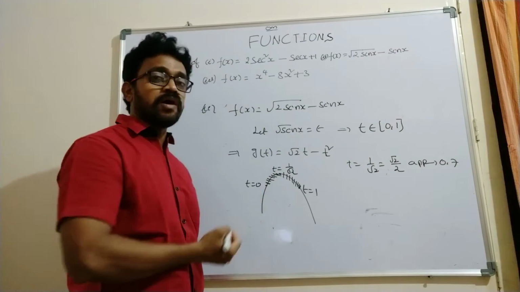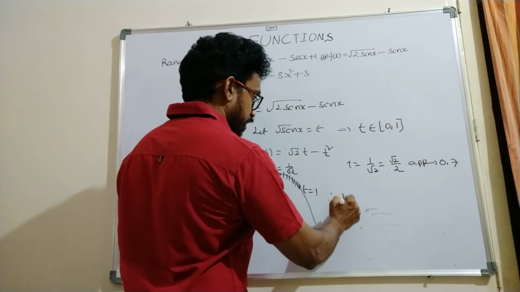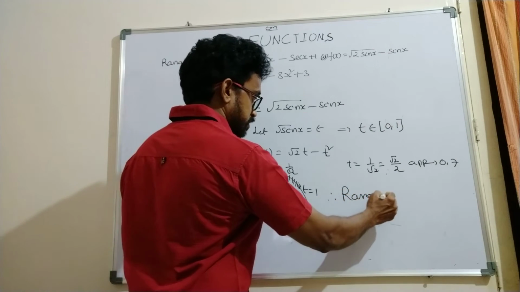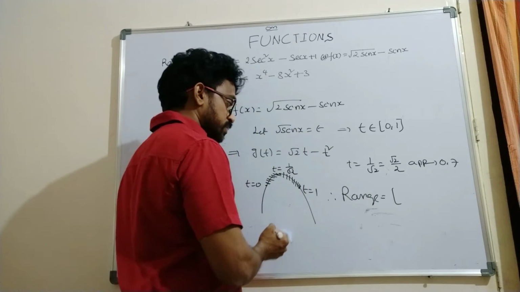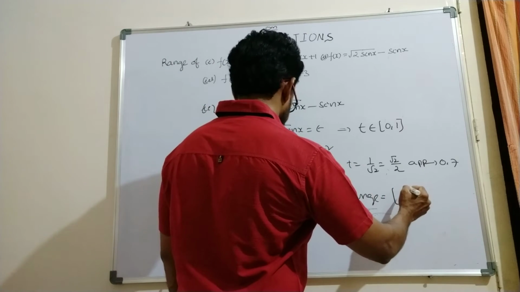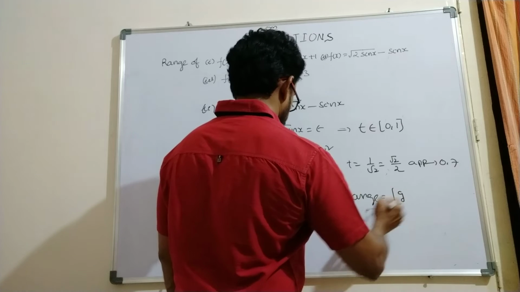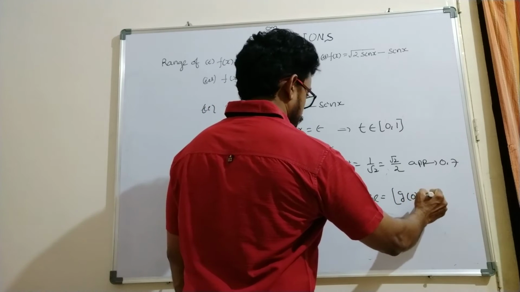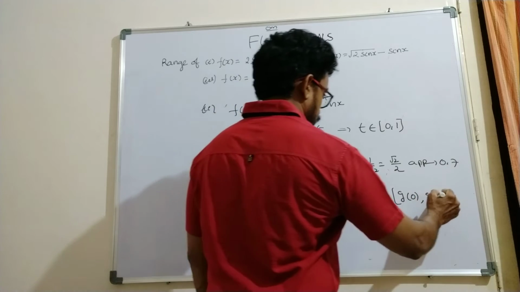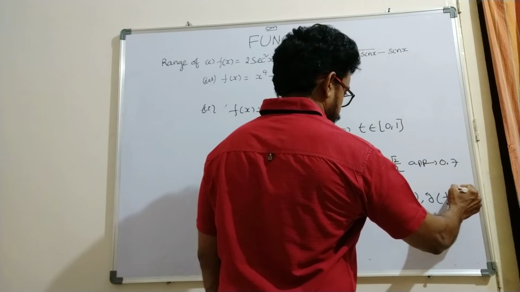That's why from graph now observed here range is equal to what? Left closed interval g of 0 comma g of 1 by root 2.